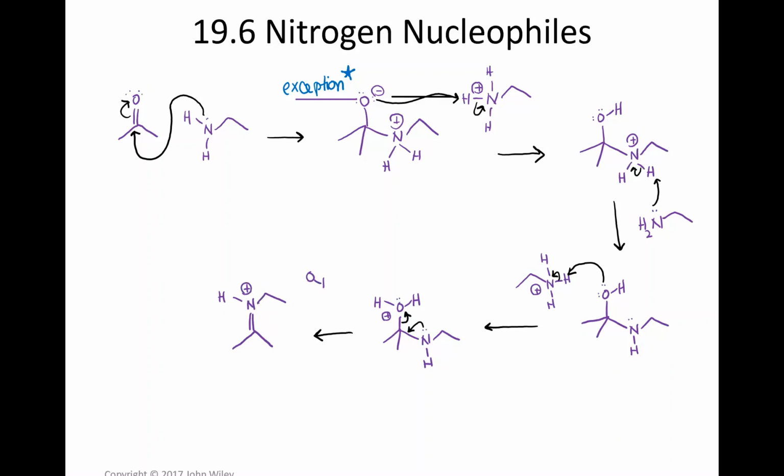So then we just need one final proton transfer to form the imine product. And again, you could show water taking this proton, or there's really a lot of primary amine around, so that's probably more likely, but either one is possible.